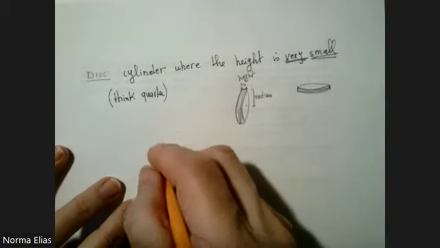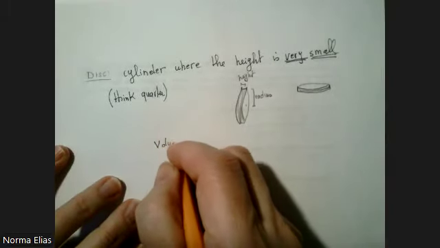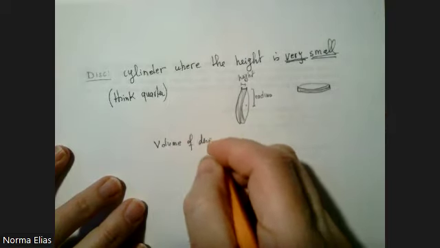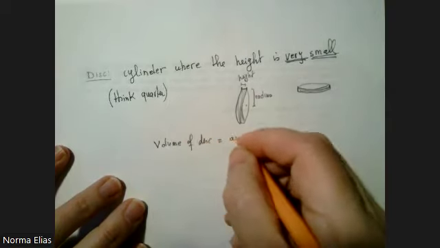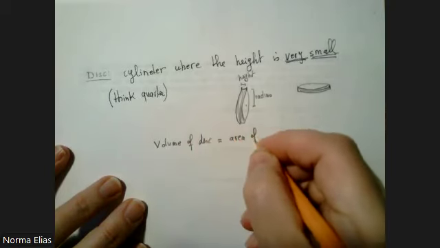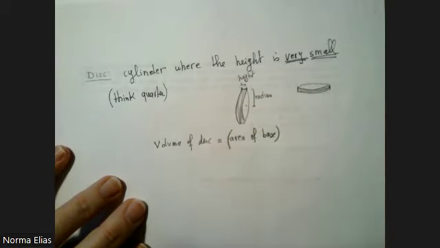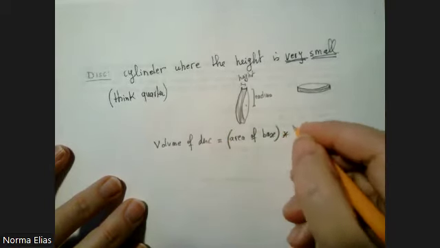And the volume of the disk, as your classmate said, is the area of the base, which is a circle, times the height.